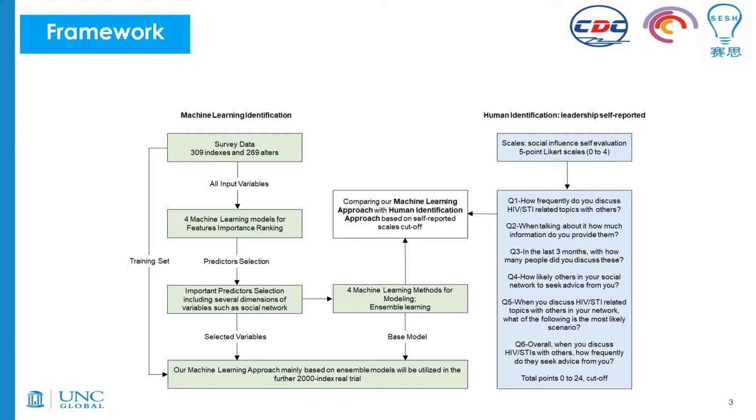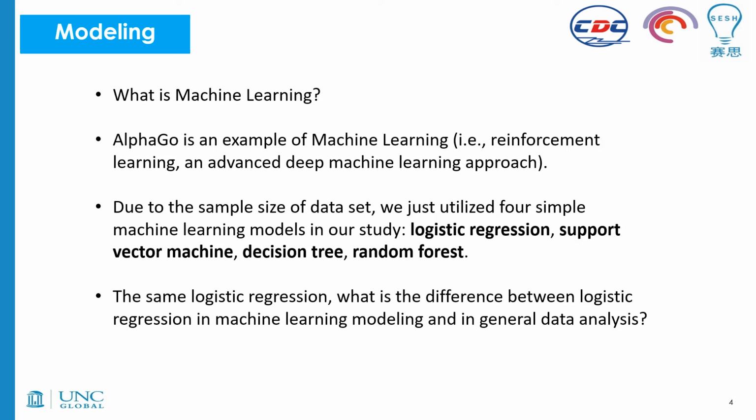To compare with our method, we used the conventional human identification, using the leadership self-reported score cutoff methods. As I mentioned before, this presentation will concentrate on the modeling part.